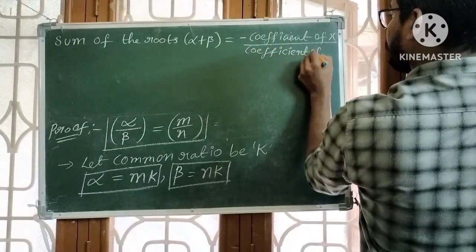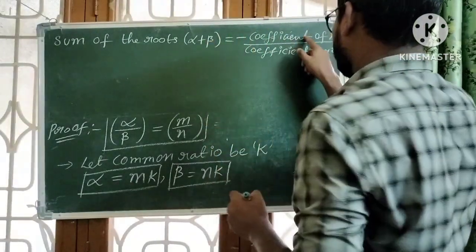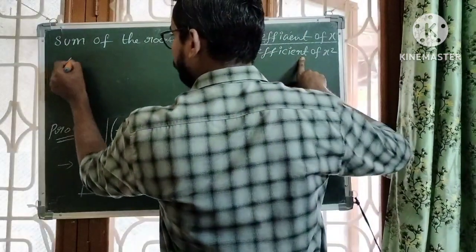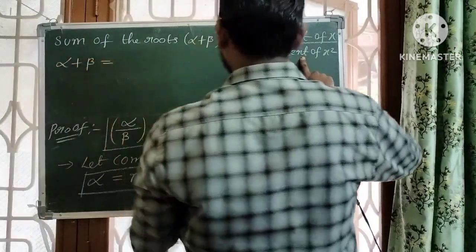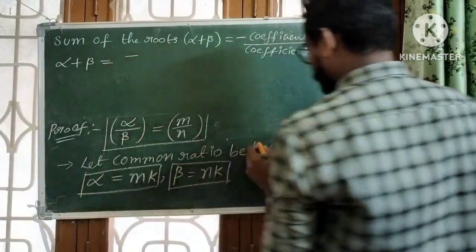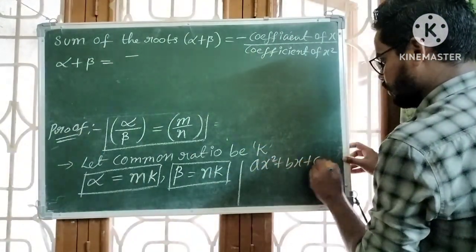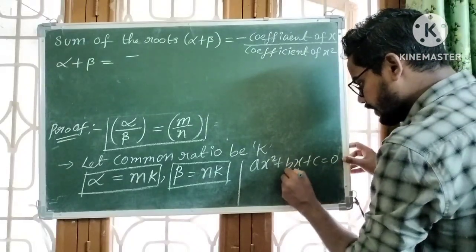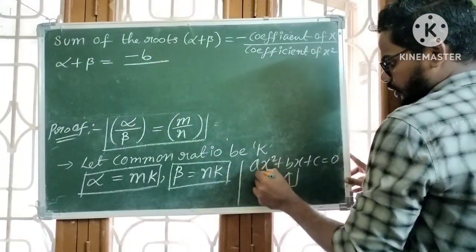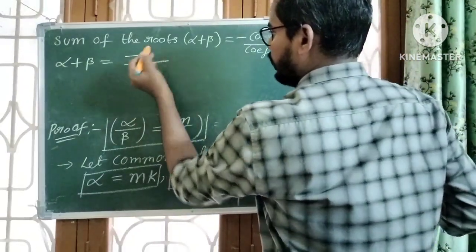This is the sum of the roots formula. Here the quadratic equation is ax square plus bx plus c is equal to 0. Here the coefficient of x is b, so minus b by, the coefficient of x square is a, so minus b by a.